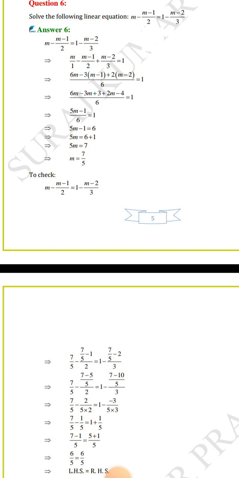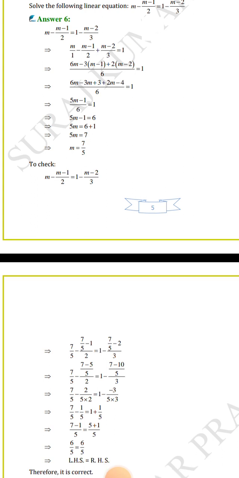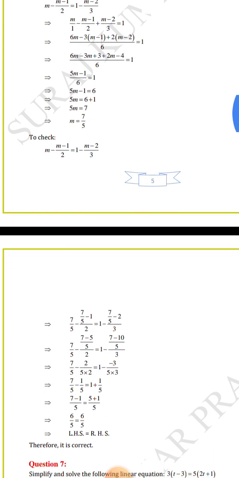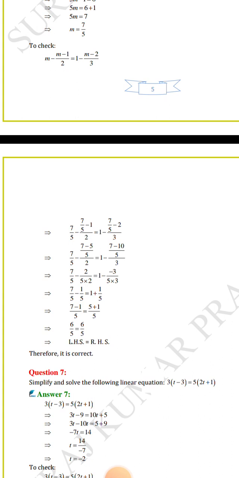Then [6m minus 3(m minus 1) plus 2(m minus 2)]/6 equals 1. (6m minus 3m plus 3 plus 2m minus 4)/6 equals 1. Then (5m minus 1)/6 equals 1. Then 5m minus 1 equals 6. 5m equals 6 plus 1. Then 5m equals 7, then m equals 7/5.